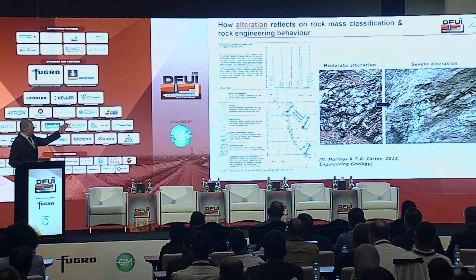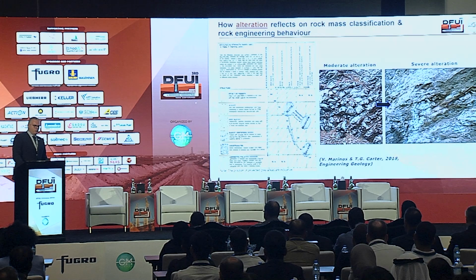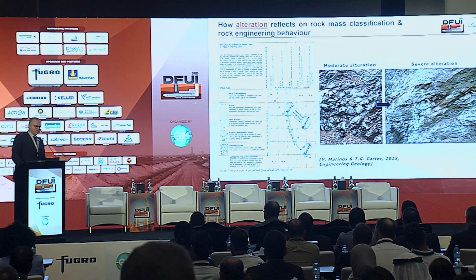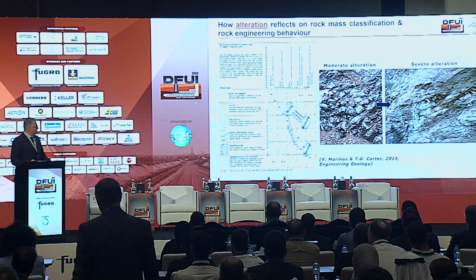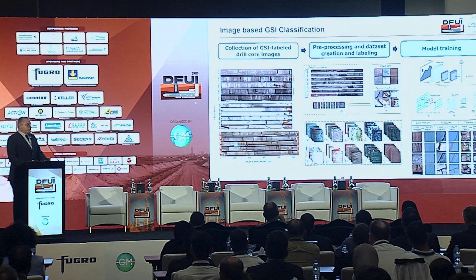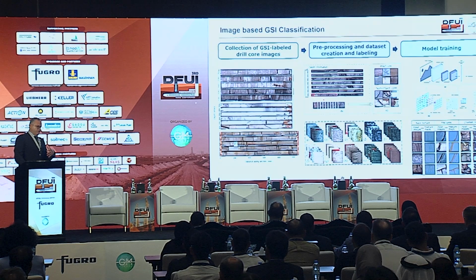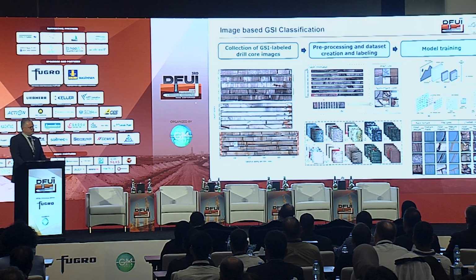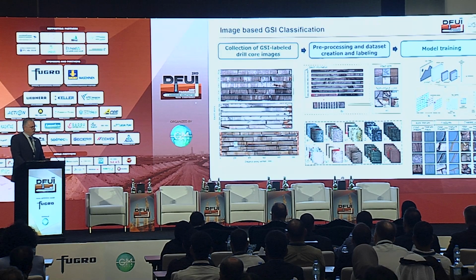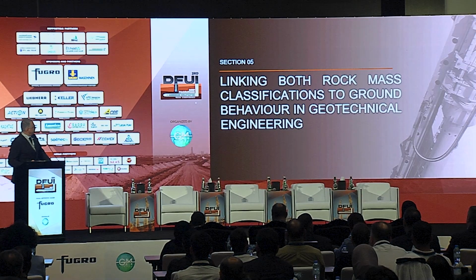So you see again, from none to moderate or from none to severe, what you can encounter. In our tunnel, at depths of 500, we can find this, not due to weathering, but due to other geological properties. And nowadays, of course, we're using AI in order to have faster properties, and we're working on that. We are researching how to characterize many cores with AI and identify our GSIs in the best way.